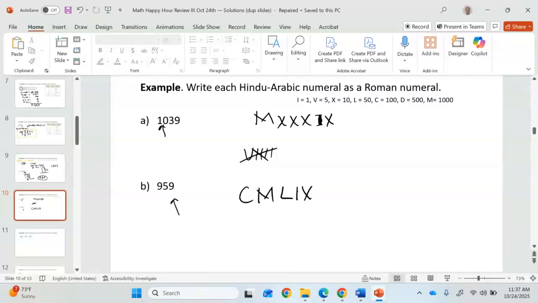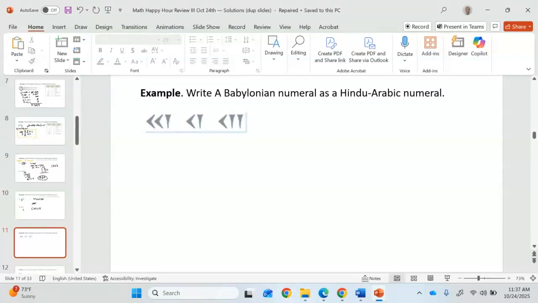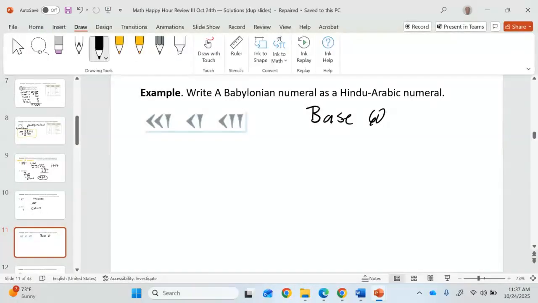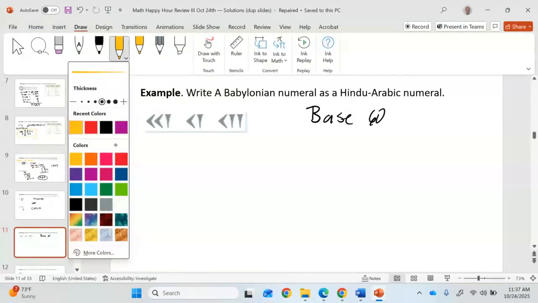Okay, so the next numeral system is the Babylonians. And remember that the Babylonians were base 60. They have their numbers organized in groups, which you can actually see. Let me change that yellow color to a blue.